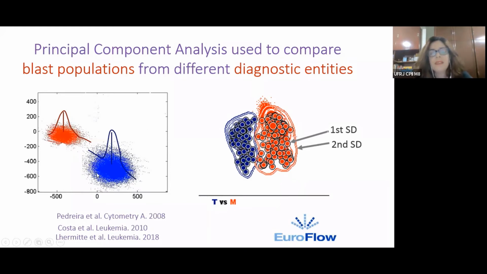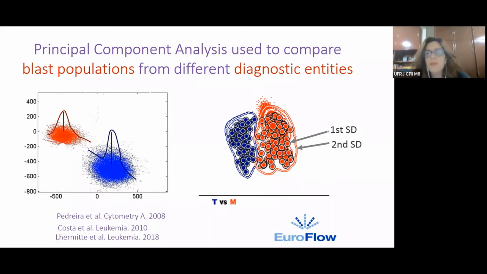And we can see it in a different way, like this, where each dot is the median point of each case. And we have two lines here, one line corresponding to the first standard deviation and the other line corresponding to the second standard deviation.